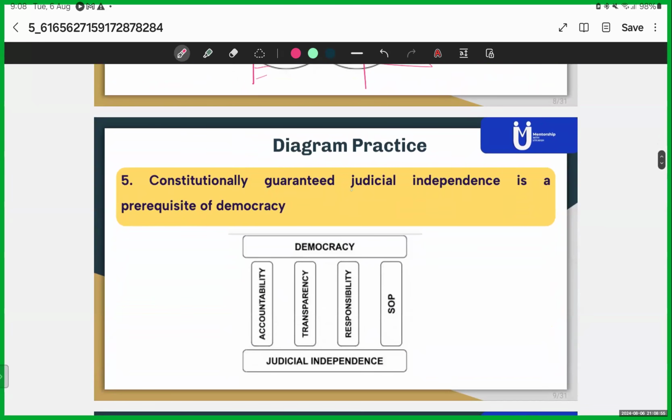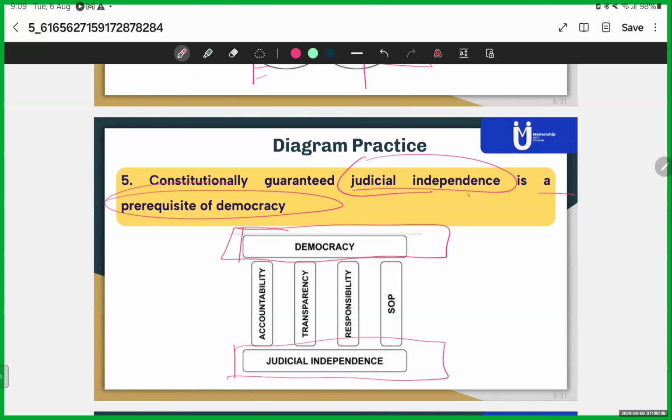Okay, now constitutionally guaranteed judicial independence is a prerequisite of democracy. So I'm saying judicial independence. It is a base of what? Democracy. Now if you will see it, it is nothing but features of democracy or the components.